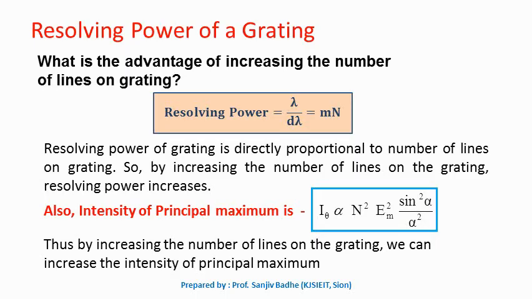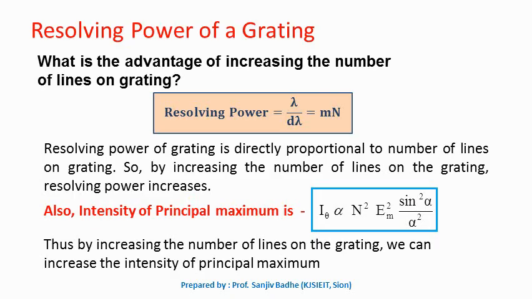So this is the next simple question. What is the advantage of increasing the number of lines on a grating? So we have seen resolving power is given by m into n, where n is the number of lines on the grating. So resolving power is directly proportional to the number of lines on the grating. So by increasing the number of lines on the grating, resolving power can be increased.